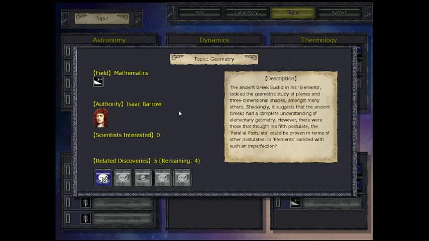The ancient Greeks had the complete understanding of elementary geometry. However, there were those who thought his fifth postulate, the parallel postulate, could be proven in terms of other postulates. Is Elements saddled with such imperfection?